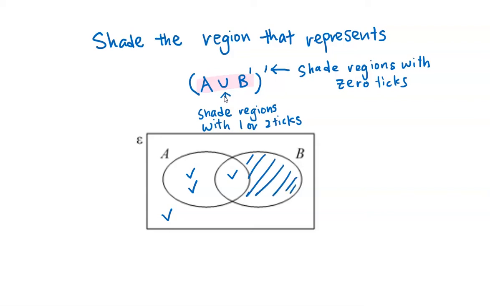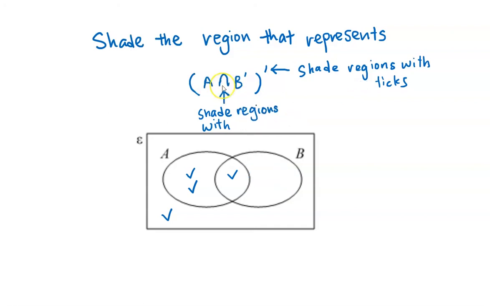Okay, so what happens if this becomes intersection? So now we have an intersection between these two, and that means it's the same thing. Intersection means I'm shading regions with 2 ticks. So I'm only going to be looking at this part first.